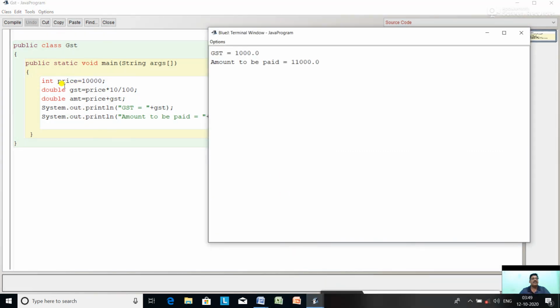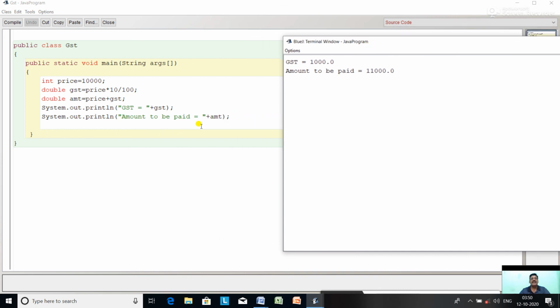Price was 10,000. So GST tax is 1,000 rupees and the amount to be paid including GST tax is 11,000. This is the output of this program.